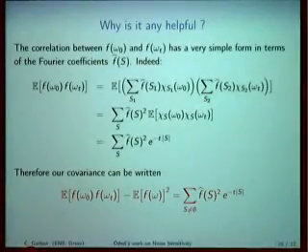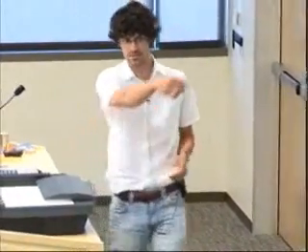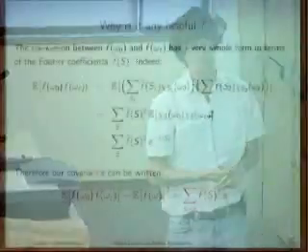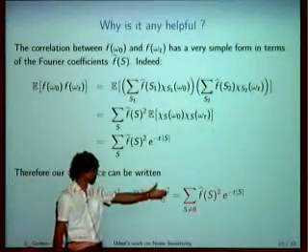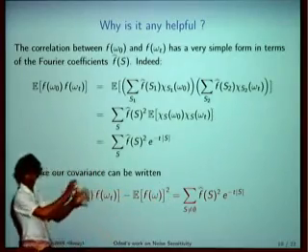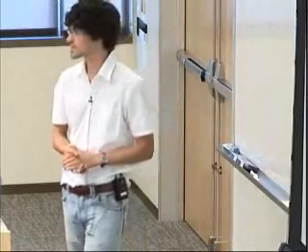So try to remember this formula for at least the next slide. The covariance is the sum of the Fourier coefficients squared times e to the minus t times |S|. You notice here that if your Boolean function has coefficients of high cardinality, then the covariance is going to be very small.